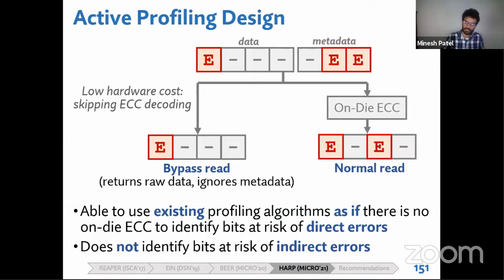It would just be this one-time operation of enabling this mode or potentially disabling it later. And that's very feasible because active profiling takes over control of the DRAM device during profiling, right? It's writing custom data patterns, taking exclusive control and essentially testing the DRAM chip. So it seems reasonable that it could enter this bypass mode before profiling and exit bypass mode after profiling.